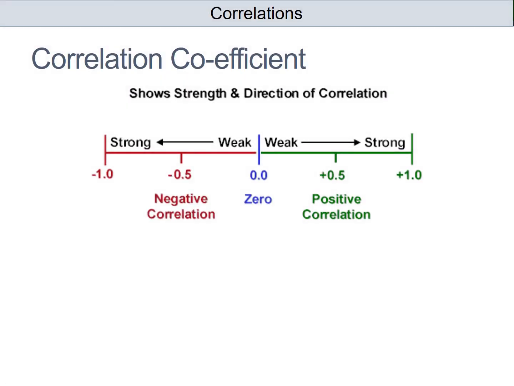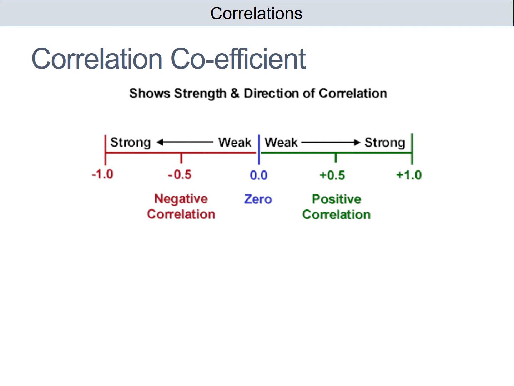Now, the correlation coefficient is a number which shows both the strength and the direction of the correlation. So you don't have to draw a graph in order to determine whether it's a positive or a negative correlation. You can do a calculation as well. You do not have to know how to do this calculation for your exam, but you do have to know what it means.